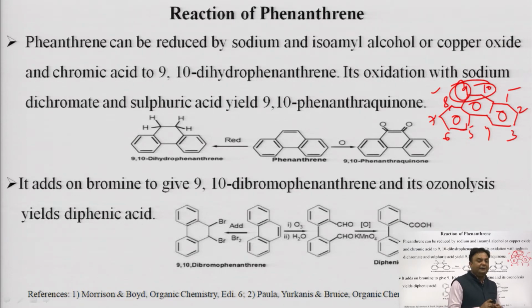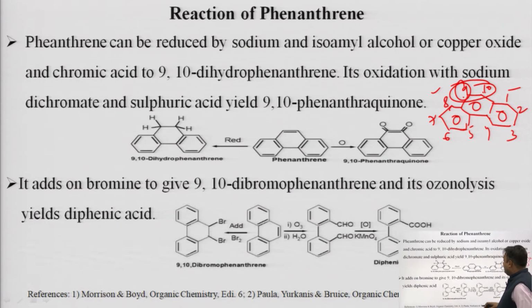The position of substitution always depends on the stability of the intermediate carbocation formed during the reaction. On the basis of that stability, it is certain that the reaction will take place at the 9 and 10 positions. In case of disubstitution, the first substitution will always take place at the 9 position.